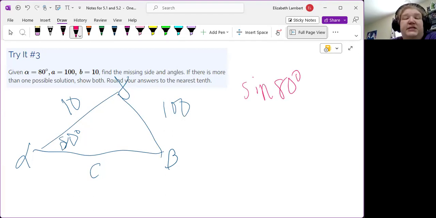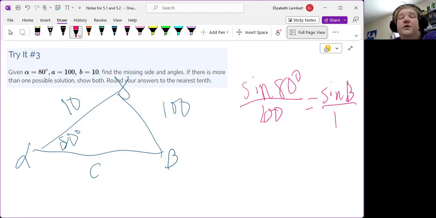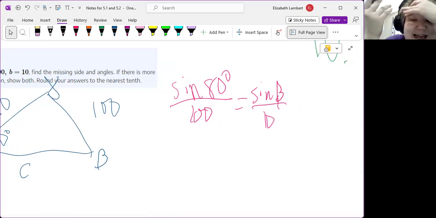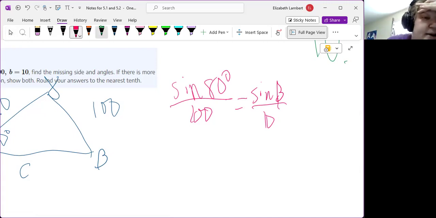Sine of 80 degrees over 100 is the sine of our unknown beta over 10. Okay. So our common denominator here is actually 100. But I could just multiply by 10 and that would get sine B by itself.